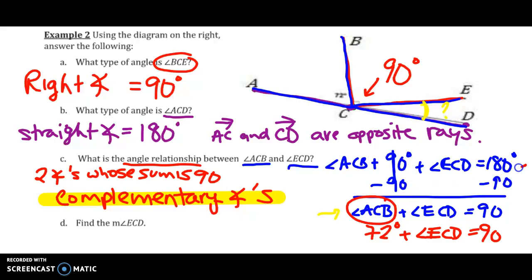You could have used the first equation up top, but again, we're trying to learn the vocabulary, so we know that these angles sum to 90. And when we subtract 72 from 90 degrees, we get that the measure of angle ECD is 18 degrees. And that concludes example number 2.